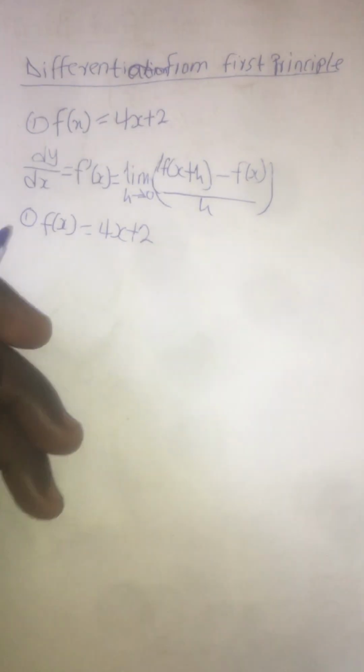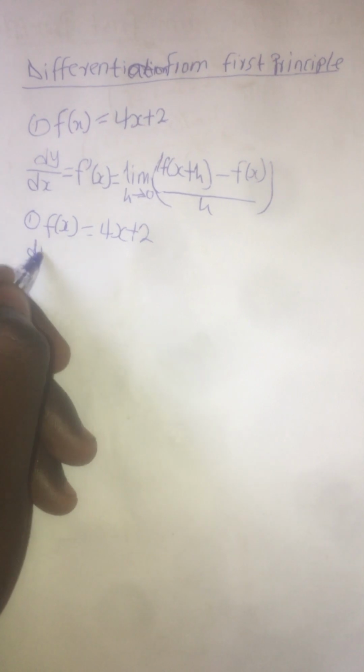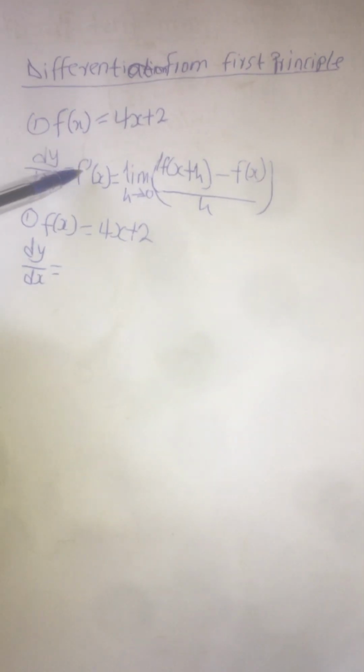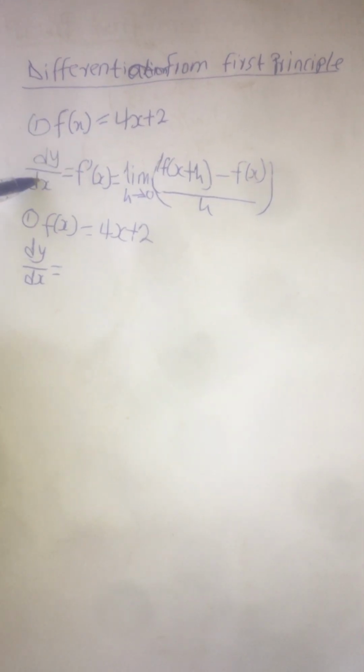Using the formula, dy over dx is equal to, remember, I said if you are bringing f prime of x, you don't need to bring dy over dx, and if you are bringing dy over dx, you don't need to bring f prime of x. So I am using dy over dx, that's why I'm not going to bring f prime of x.